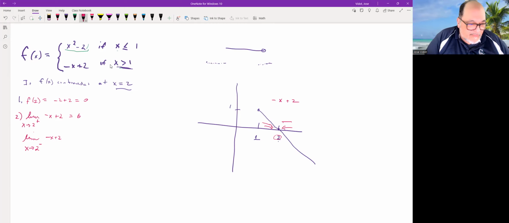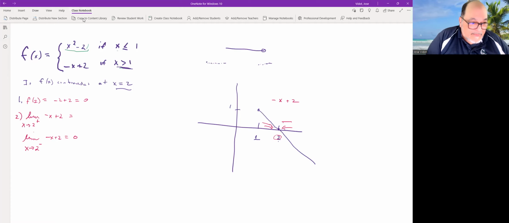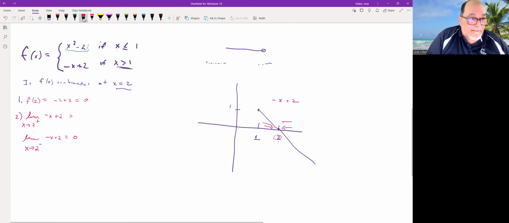So therefore, this also becomes 0. Let me fix this because that looks like a 6. 0. Okay. So therefore, step 2 is passed. These two are equal. That passes.